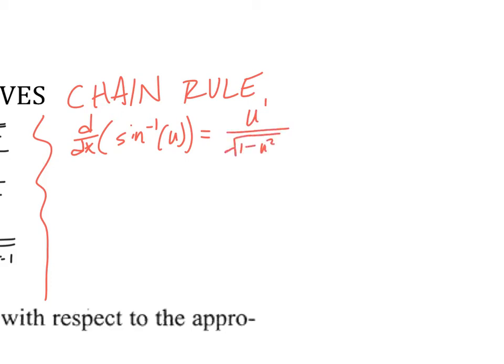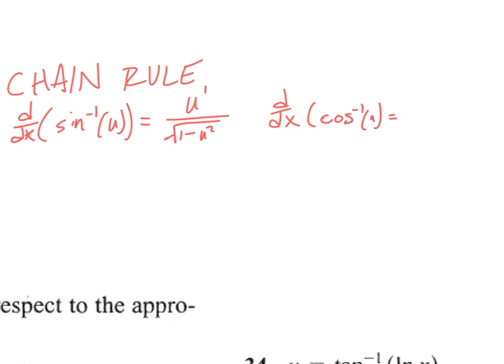So the same thing that we've been doing for a while. If I take d dx of, say, cosine inverse of some function u, then that's going to give me negative u prime over the square root of 1 minus u squared.